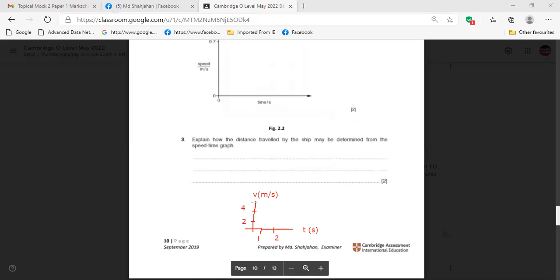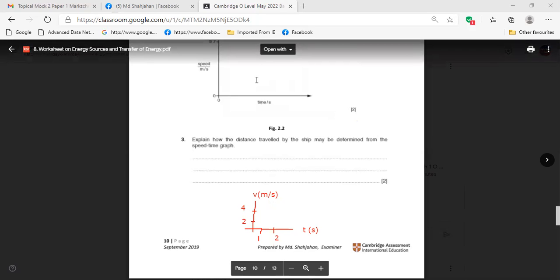The graph will be like this. You take these notes. It will help you understand later how you got this answer.